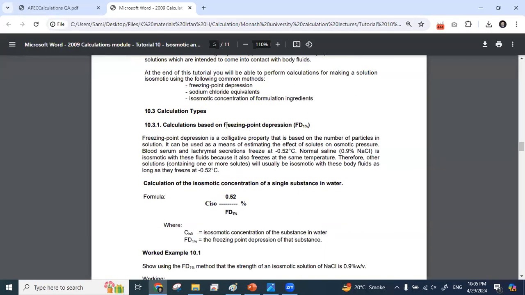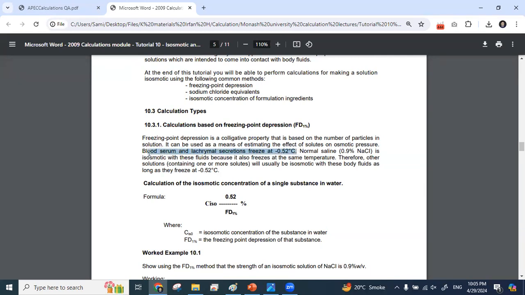First of all, let's take a quick look at what is freezing point depression. The symbol for this is FD 1%. Do not get confused with FD 1%. It simply means freezing point depression. Now, the blood serum and lacrimal secretions freeze at 0.52 degrees centigrade.